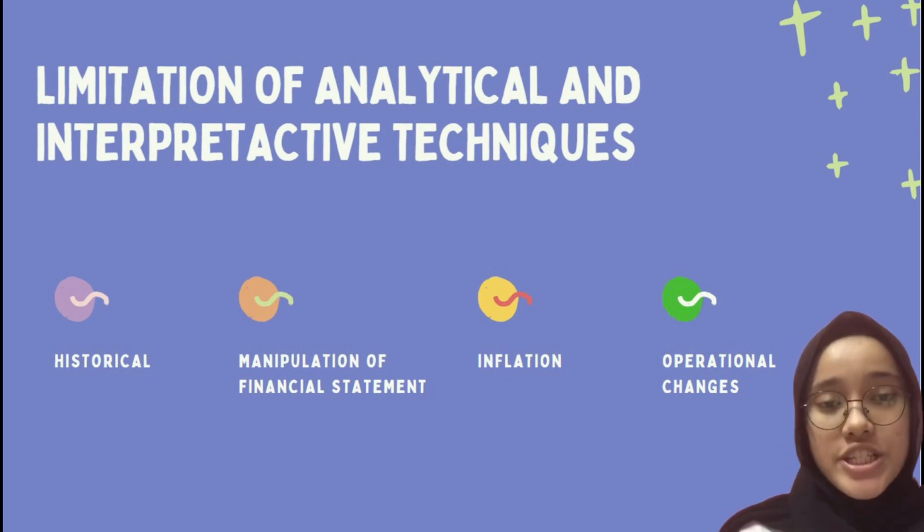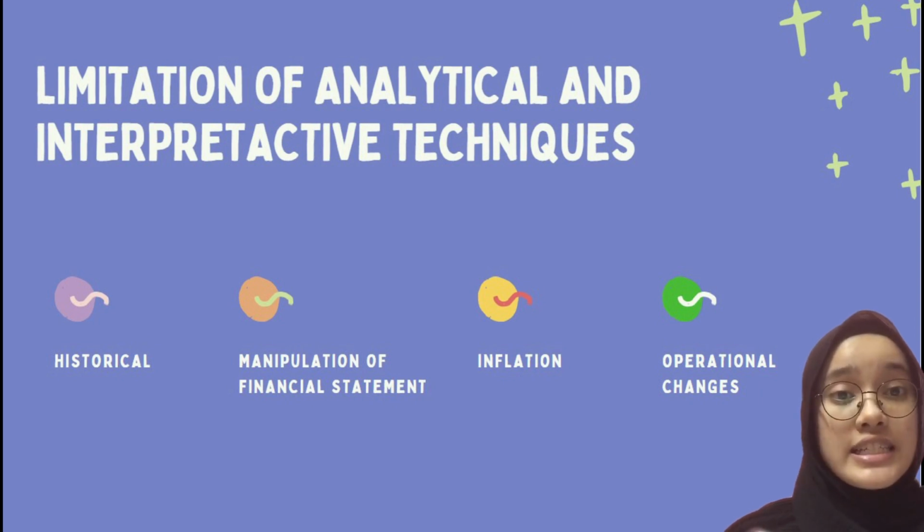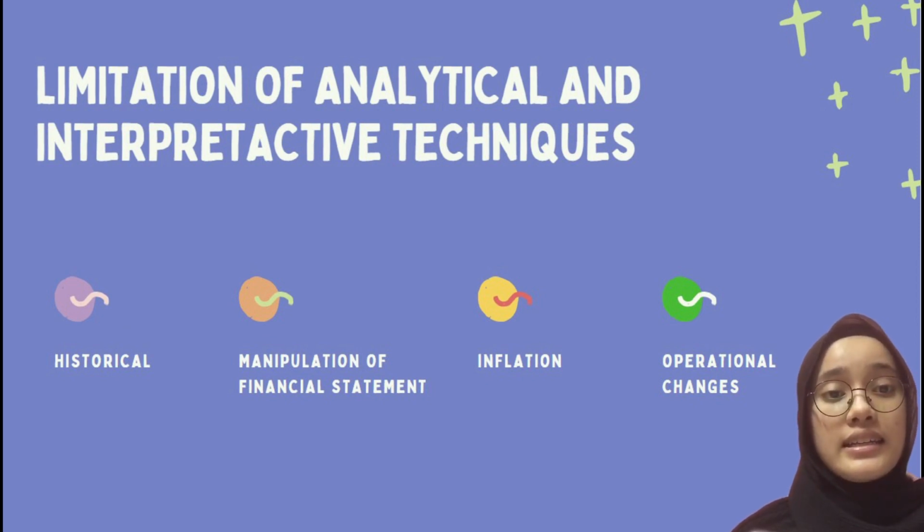Next is manipulations of financial statement. Like I have mentioned before about the historical, basically the historical part is taking the figures from the statement of financial position of the company. So the next limitation is manipulations of financial statement. The information in a financial statement may be manipulated by the company's management.